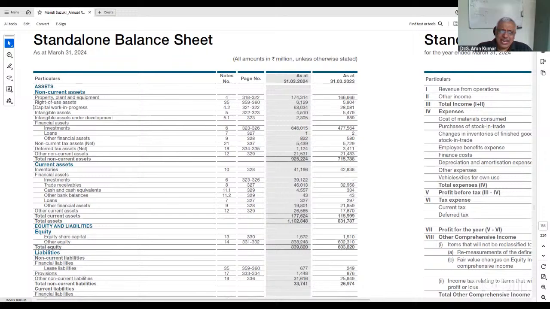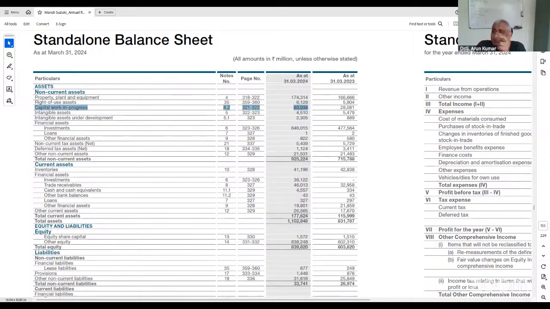Let us look at capital work in progress. What do you mean by capital work in progress? For example, I'm constructing a building or a factory shed. My factory at the end of the financial year is only semi-finished. It has all the walls but no roof. Is it a building?